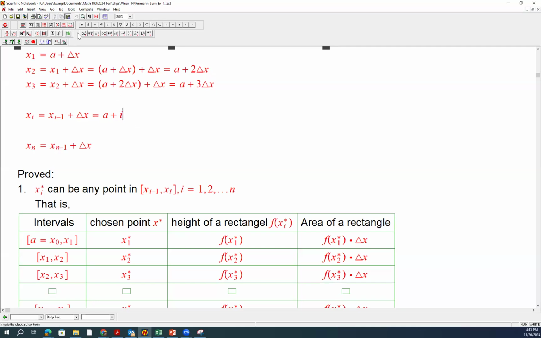So this process is pattern finding. And last but not least, x sub n is going to be a plus n times delta x.